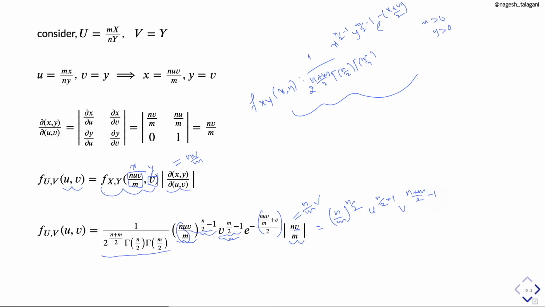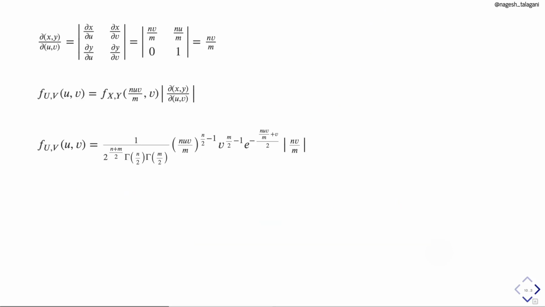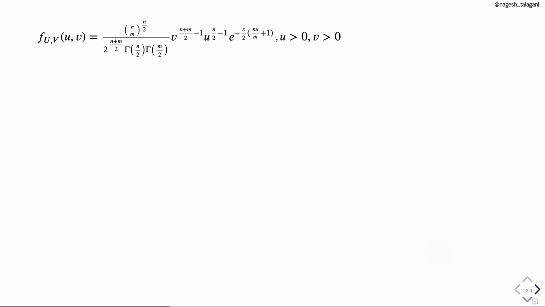Now here, in the exponent, I can take v common, so I can write e to the power of minus v by 2 of (nu by m plus 1), times 1 by 2 to the power of (n plus m) by 2, gamma n by 2 times gamma m by 2. Okay, fine. So this is the joint PDF of UV for U positive and V positive.